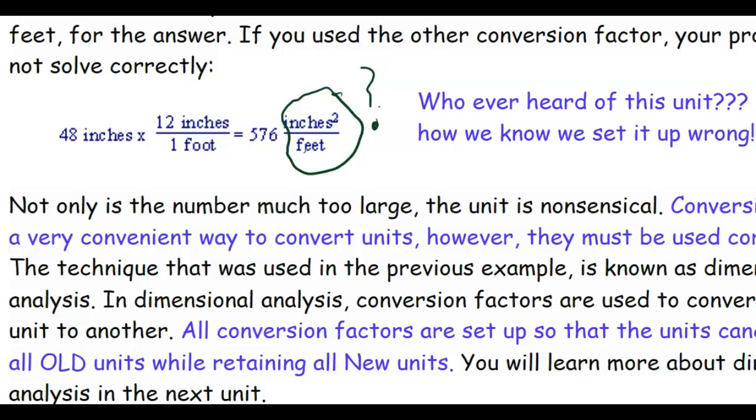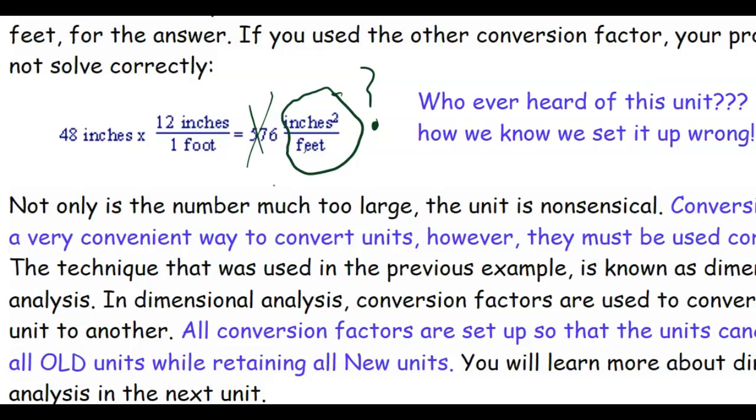We were trying to change inches to foot. Well, what on earth is that unit? When you get a weird unit like that, you know you multiplied and you maybe should have divided. Not only is the number ridiculous, we shouldn't have more feet than we do inches. Ridiculous. The unit is weird.